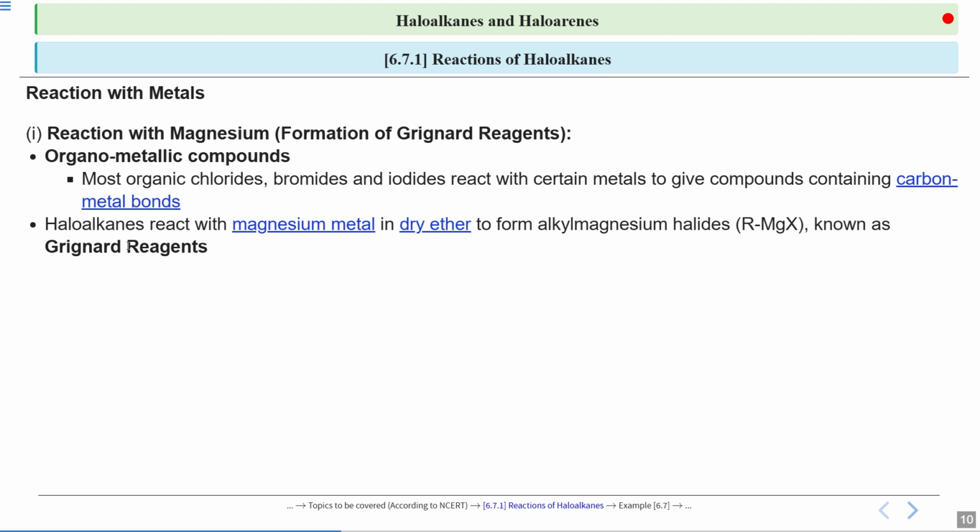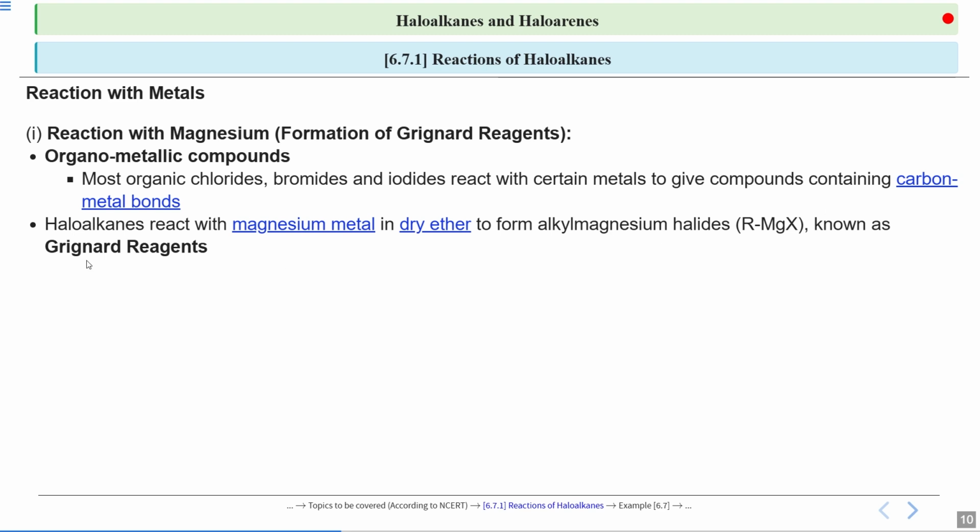Haloalkanes or alkyl halides react with magnesium metal in dry ether to form alkyl magnesium halide, or RMgX, which is also known as Grignard reagent. Okay, so this is what we call Grignard reagent, the alkyl magnesium halide RMgX.